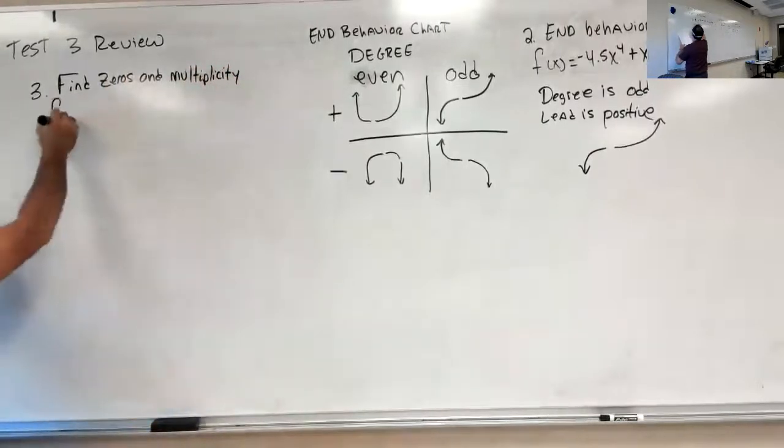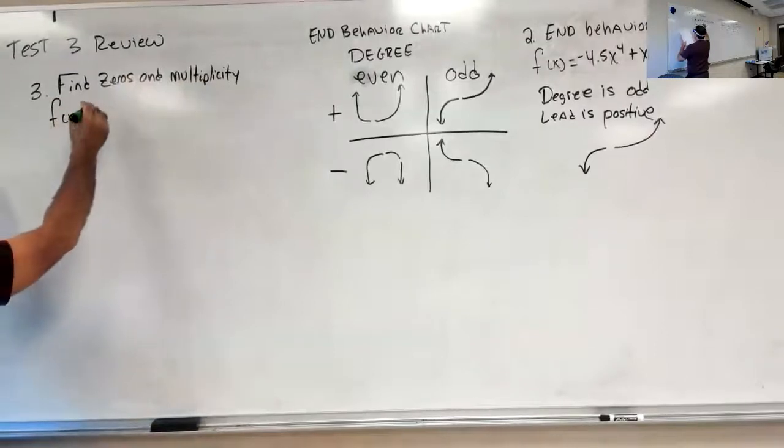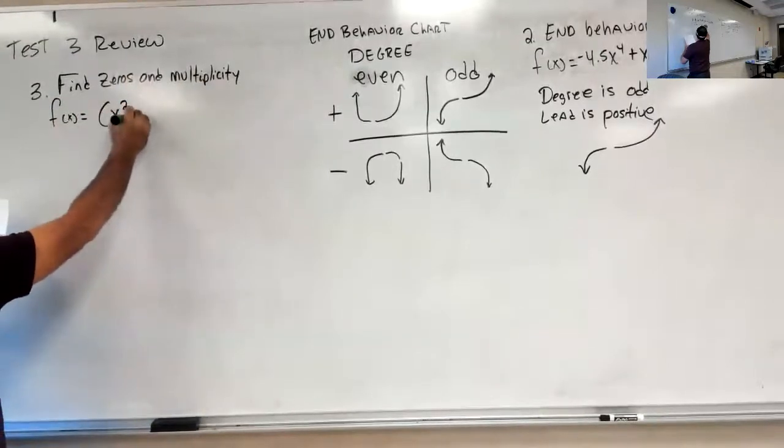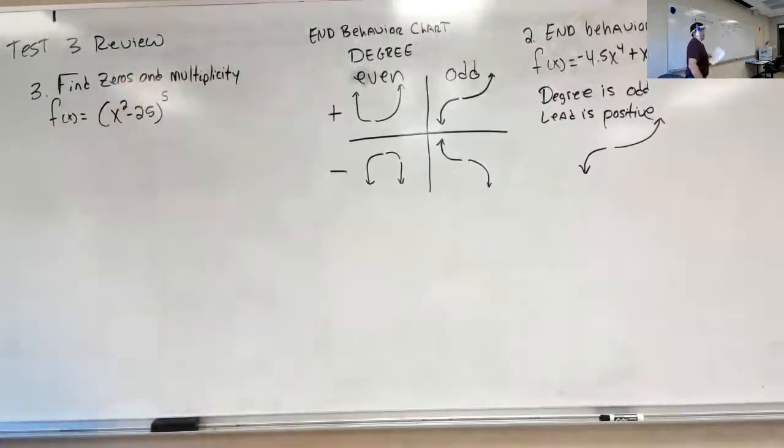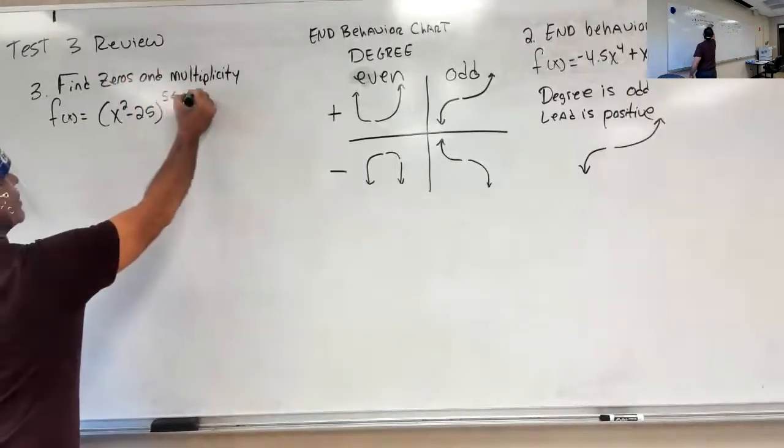We're given f of x equals x squared minus 25, to the 5th power. Now here's the thing on this. The multiplicity is going to be the exponent on the outside of these parentheses. So the multiplicity is actually going to be the 5.